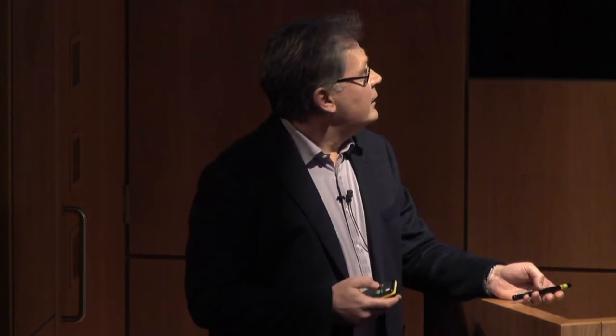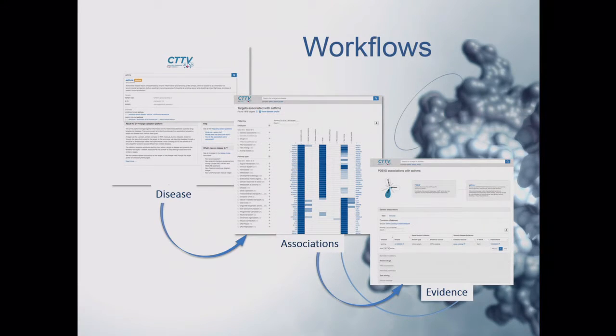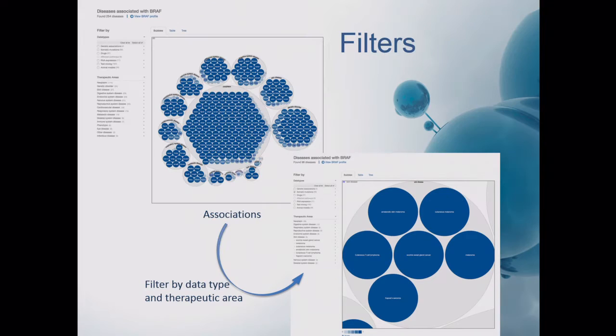So there's a couple of concepts that we have. One is of a workflow. So how do you get from a disease through associations to the evidence for disease, or from a target through the associations to disease to the evidence that supports that? The other concept is filters.